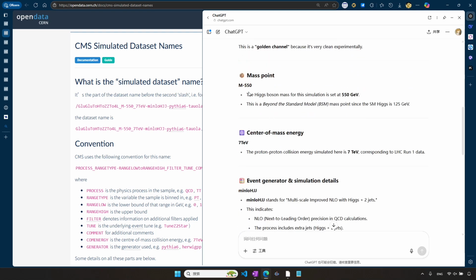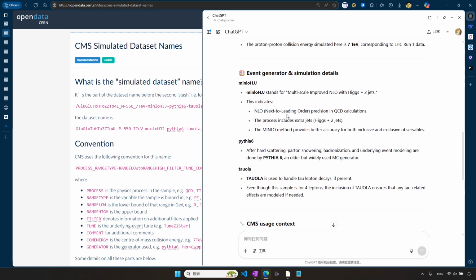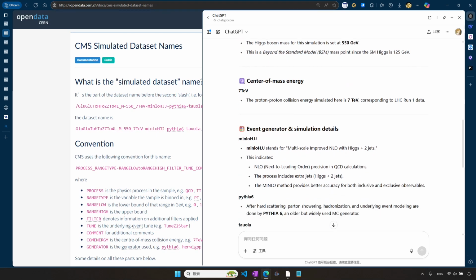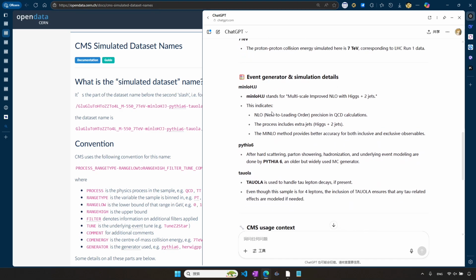And the part M short bar 550 means the boson mass is set at 550 GeV. Also, it tells maybe BSM mass point, center of mass energy, and so on.